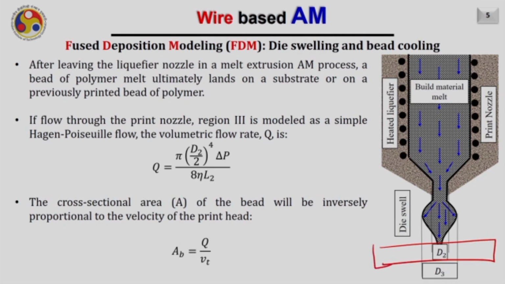If the flow through the print nozzle region, which is region number 3, is modeled as a simple Hagen-Poiseuille flow, the volumetric flow rate Q in this region can be given by this formula: Q equals pi (d2/2) to the power 4 times delta P divided by 8 eta L2, where d2 is the opening diameter of the nozzle at region 3 and L2 is the length of this region.